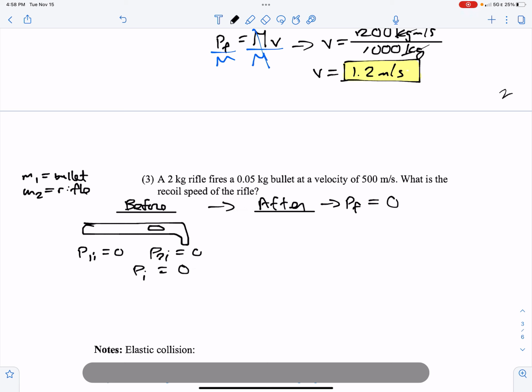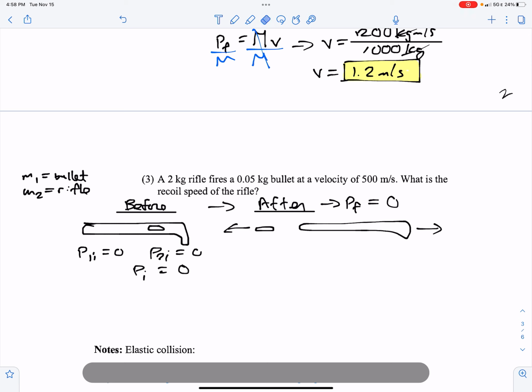Okay, so now what do we have going on here? Well, when the gun fires, the bullet flies this way. The gun recoils backwards that way. Okay, now we're told that the bullet flies with a velocity of 5.